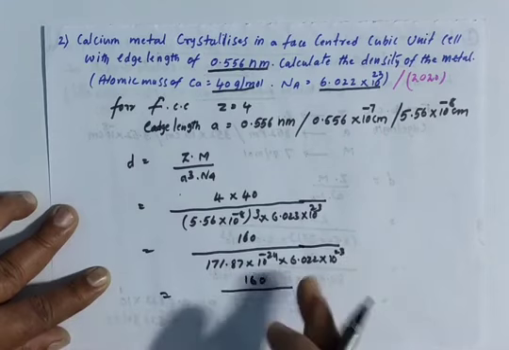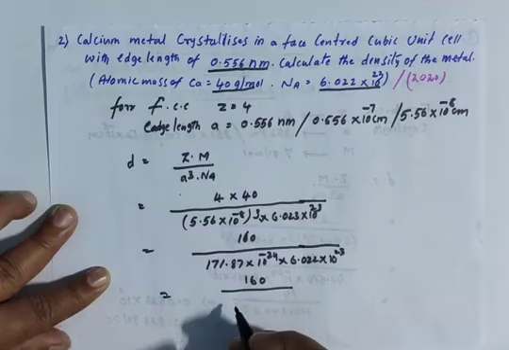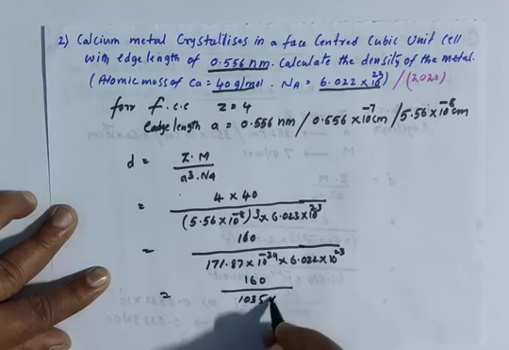If you multiply these two, you get the total value 1035 into 10 raised to minus 1.